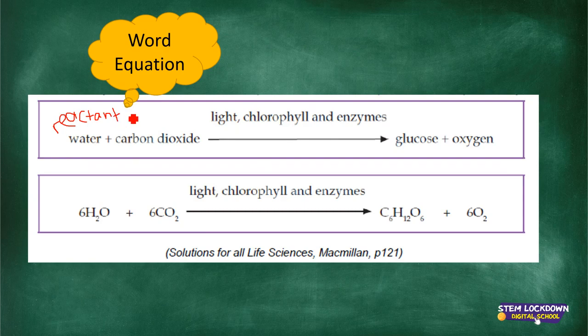Okay. So this side of the arrow is our reactants, which is the water and carbon dioxide, right? And then this side of the arrow is our products.